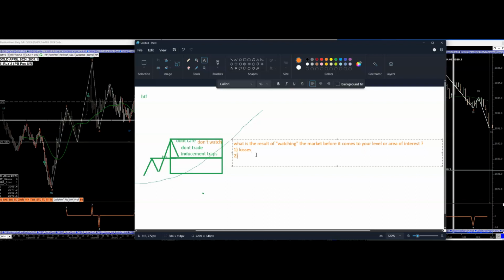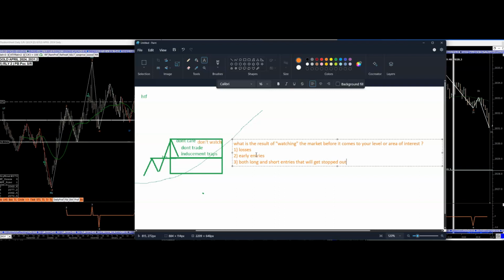Why? Early entries, both long and short entries that will get stopped out.